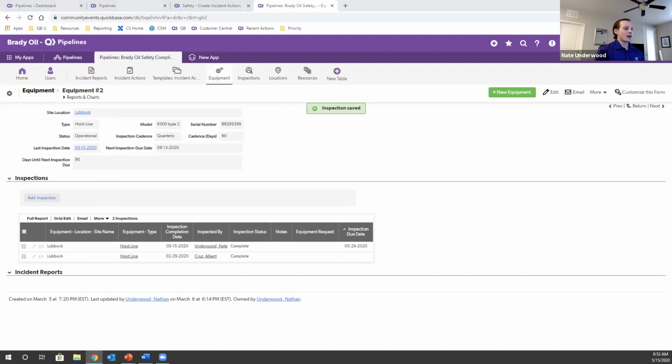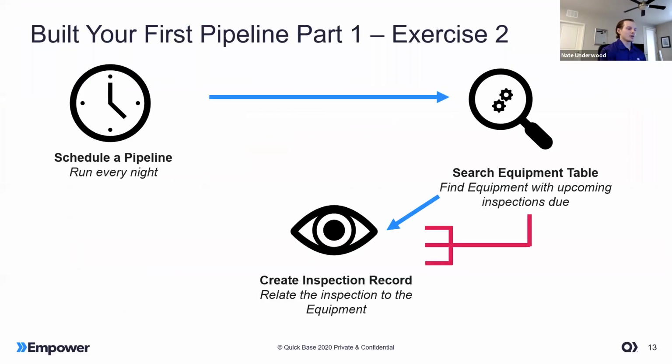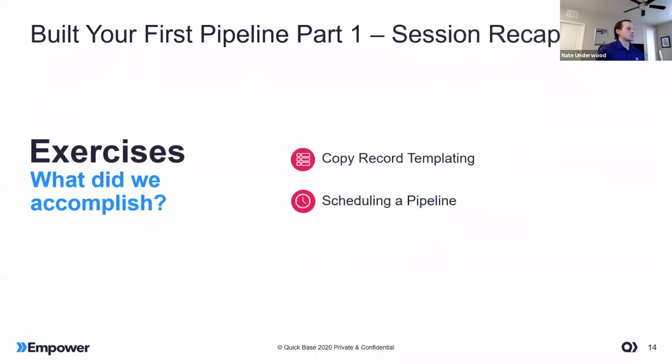Awesome. So that's the two pipelines that we were going to walk through today. Quickly recap here. The first thing we did in this session is copy record templates. We went through that workflow where when we created an incident report, we copied the templates down into the incident actions table. And then what we just did is we scheduled a pipeline to check our equipment table and then create any inspection reports.